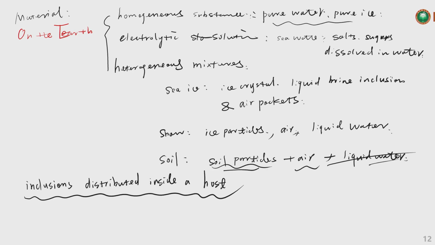So if the volumetric percentage of air is much larger than the soil particles, then we can regard air as being the host, and the soil particles can be inclusions.